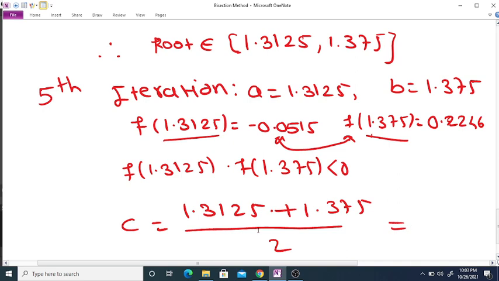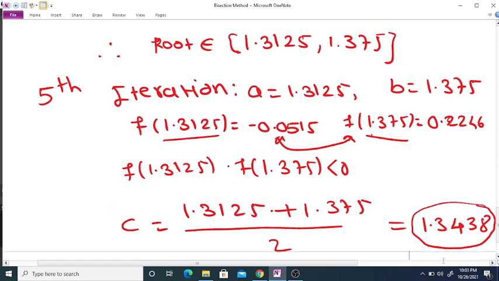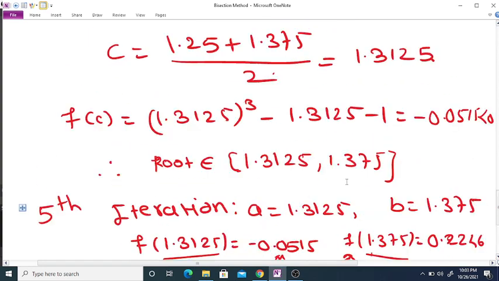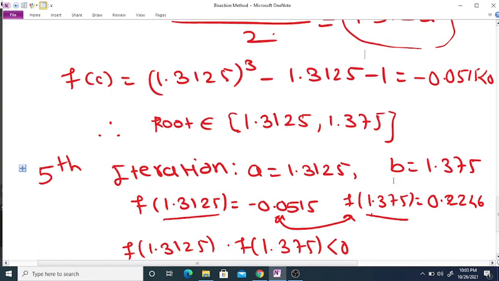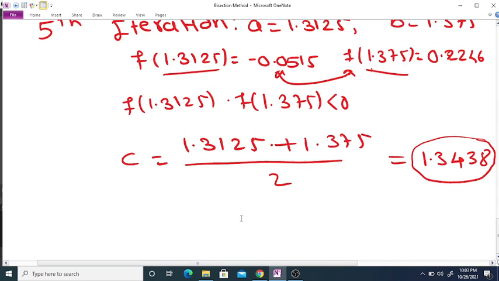If you solve this, it is equal to 1.3438. Now you can observe the value of c obtained in this iteration and in the previous iteration are correct up to 1 decimal place, but we want the answer correct up to 2 decimal places. So again we are going to apply the next iteration.